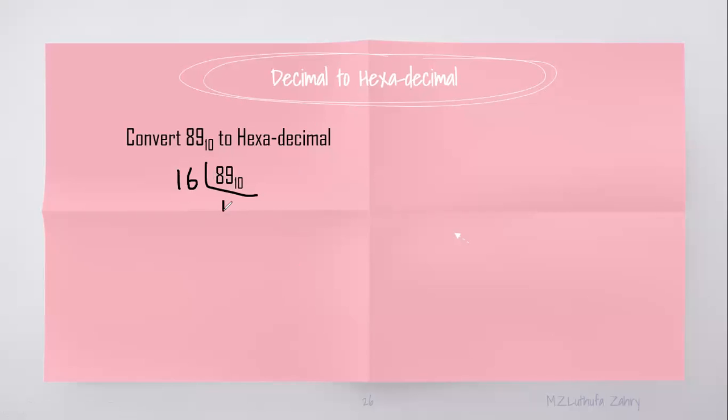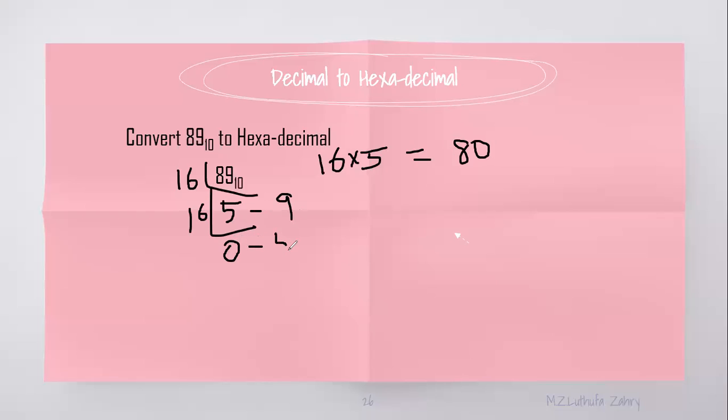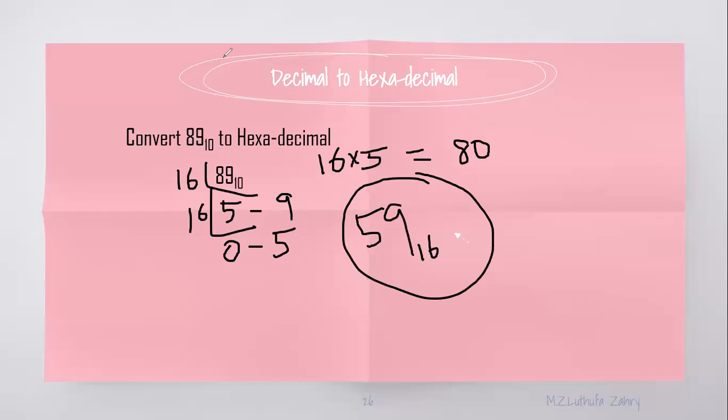You're going to get 5 times, because 16 into 5 in the multiplication table gives you 80. So the remainder is going to be 9. Once again, if you divide it, this quotient becomes 0 and you'll get 5. So simple, 59 in base 16. That is going to be the answer. Is that clear? Yeah, it must be, because you people are already sending me correct answers.